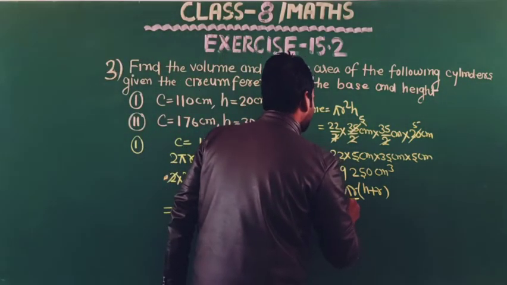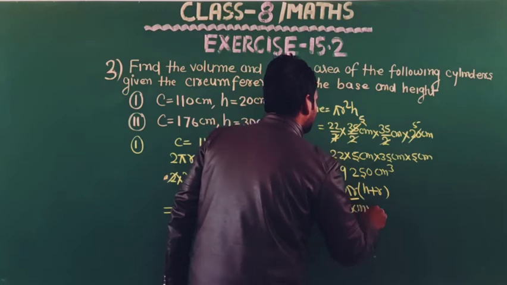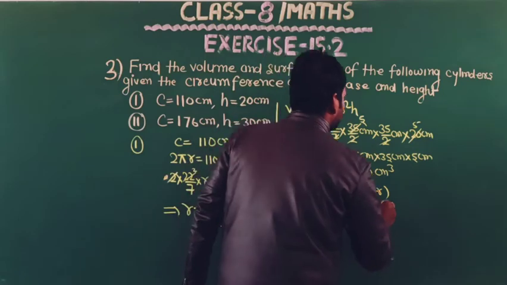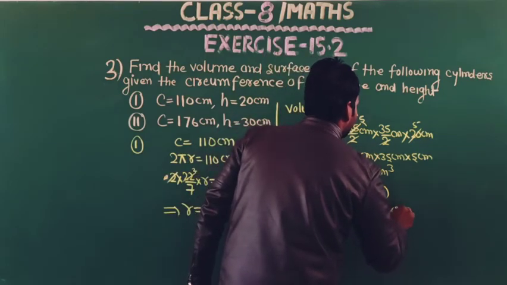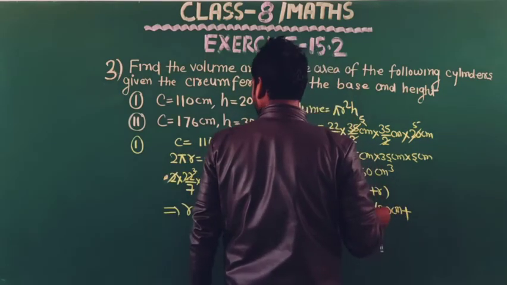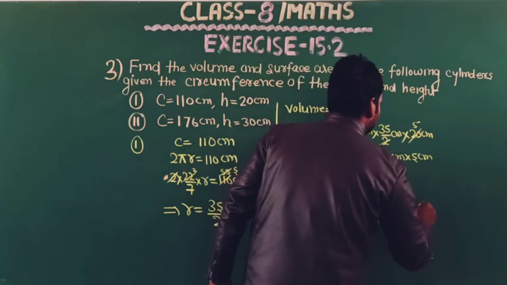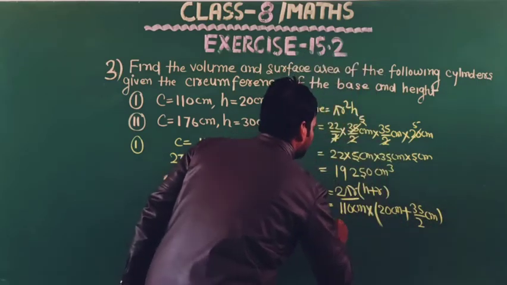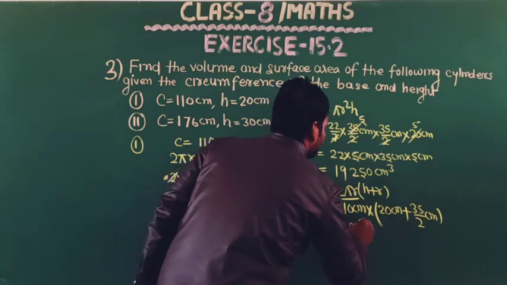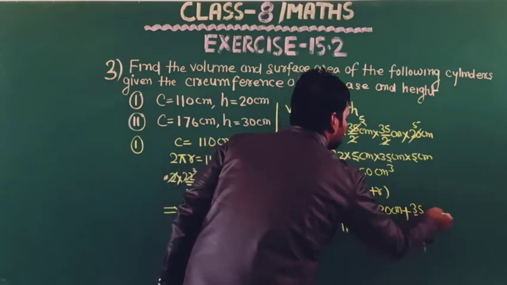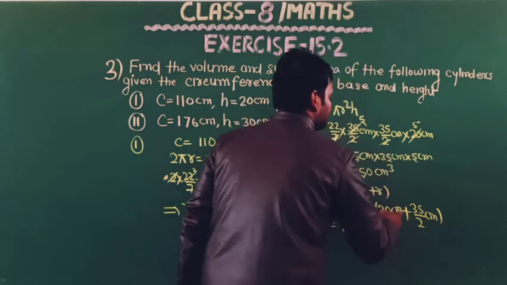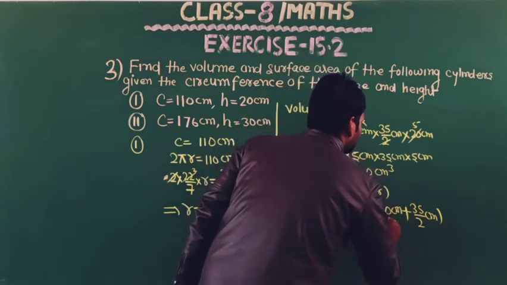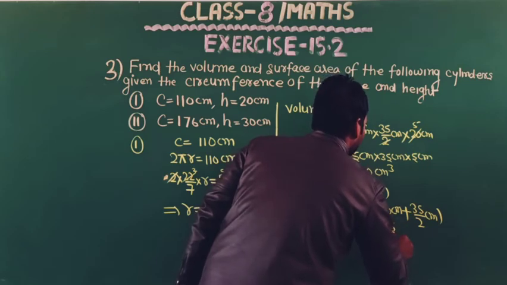So this is 110 centimeter into height, which is 20 centimeter, plus radius 35 by 2 centimeter. To simplify this expression, 110 into 40 plus 35, 75 by 2.